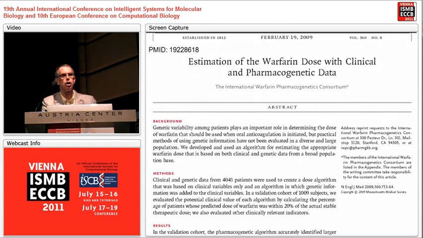So a couple of years ago, we were part of a big international consortium that published a pharmacogenetic algorithm that said, here's how you can predict warfarin dose using genetics, and we showed that it far outperformed an algorithm using only clinical data. That is to say, including the SNPs increased the R-squared of the ability to predict greatly.